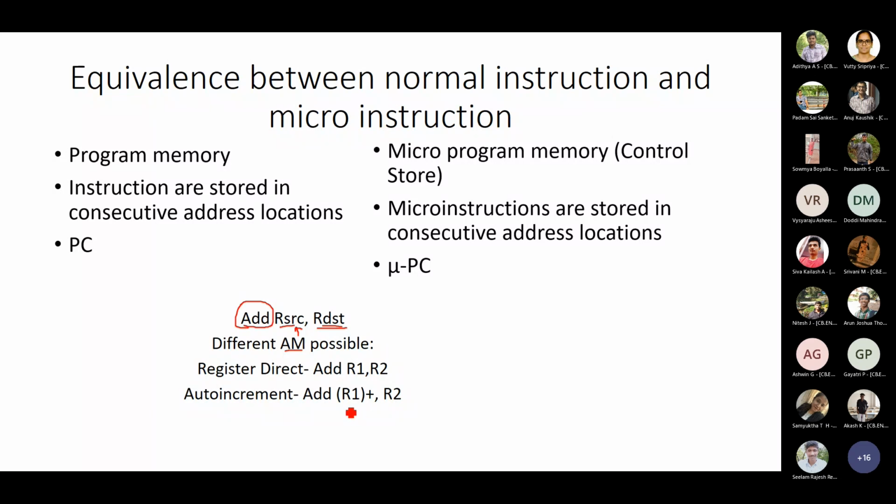I have started with the assumption that you guys already know what different types of addressing modes are. Am I right or wrong? Have you heard of addressing modes at least? Yes, ma'am. In the embedded IoT course, I think. Okay, as a part of CSA, you have not studied addressing modes. Not yet. Okay, fine, no problem.